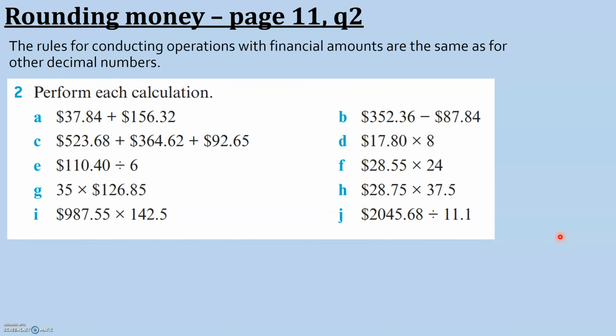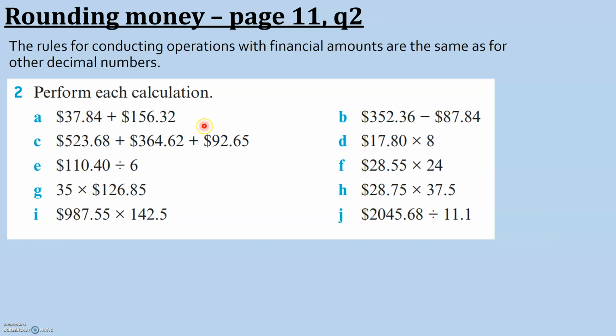Alright, this is a pretty straightforward slide. What this is showing us is basically just getting a little bit of practice working with financial amounts and decimal numbers. Basically, we work with money amounts in exactly the same way that we normally conduct operations with decimal numbers.